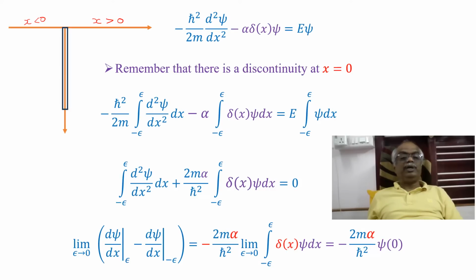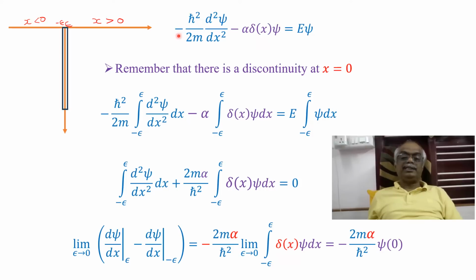Now we are going to find the solution at x equal to 0. As I said, this is minus epsilon, which is close to 0 in the negative x direction, and this is plus epsilon, which is also close to 0 in the positive x direction.